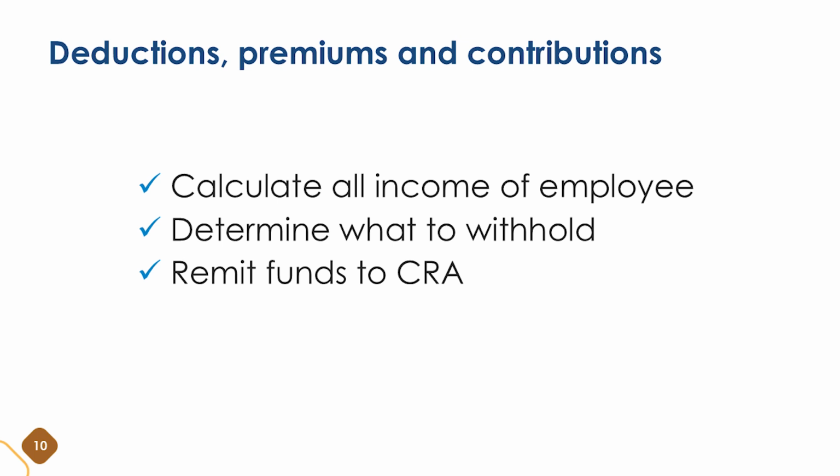Whenever you withhold amounts from an employee, you must remit those amounts, including the employer's share of CPP and EI, to the CRA. These payments are due by a certain date that is specific to each employer.